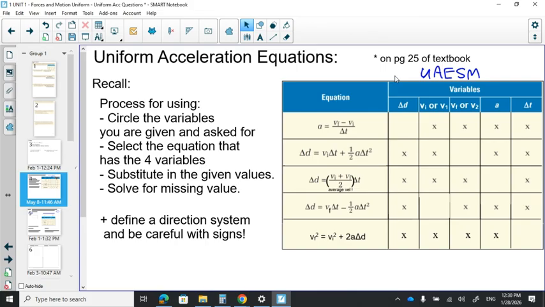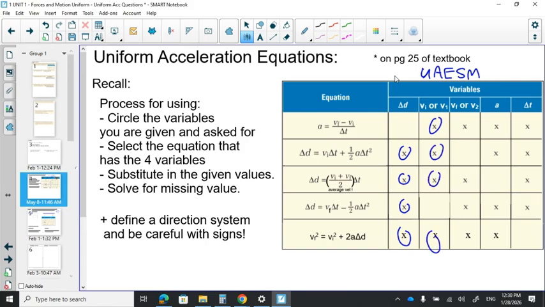Anyways, the idea of this thing is if you have this, you can easily select which equation you need to use in the scenario. So for example, if you have displacement given, you have the initial velocity given, so that's an initial velocity like VI or V1, and then final V2, meaning final. So if I had all of those things and I wanted to get acceleration, maybe this is the one that's unknown.